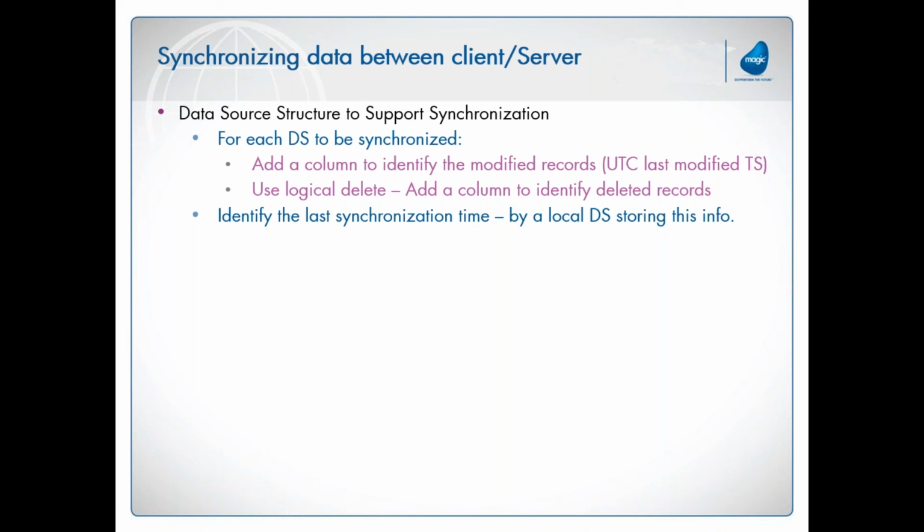To do so, you need to add to any data source that you need to synchronize, either from the server to the client or from the client to the server, a new column, which is a UTC, like a numeric field or a string field, which saves a UTC of the last modified timestamp, and you are going to update it on every update that is done. So in this case, we will know when each record is updated and then only copy the newest records to the client or to the server.